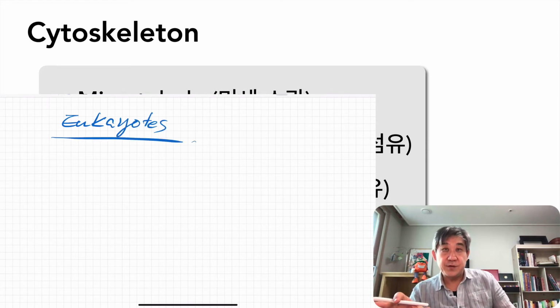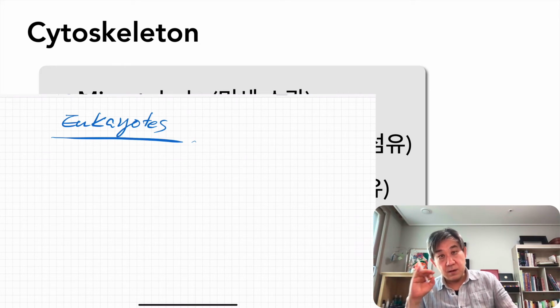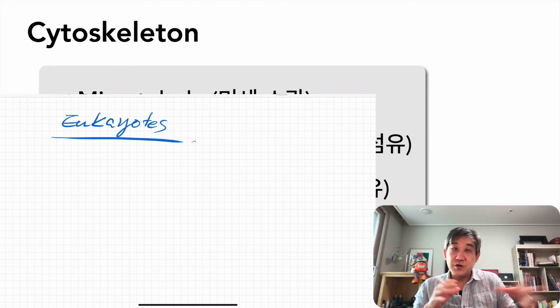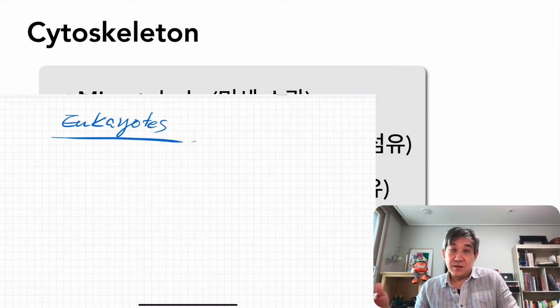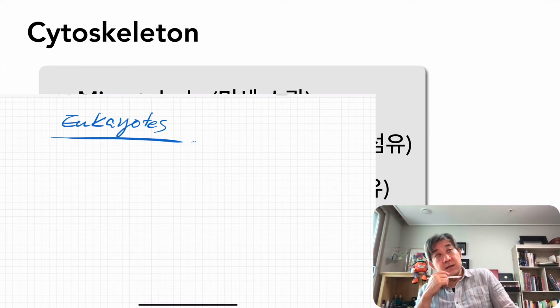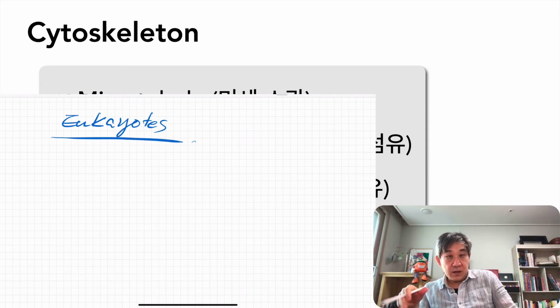In other words, prokaryotes like bacteria don't have anything like this cytoskeleton system. Wrong. More recently, it's been discovered that bacteria also have their own version of an internal structural supporting system, very much like the cytoskeleton of eukaryotes. So we cannot say anymore that the cytoskeleton is a feature found exclusively in eukaryotes.